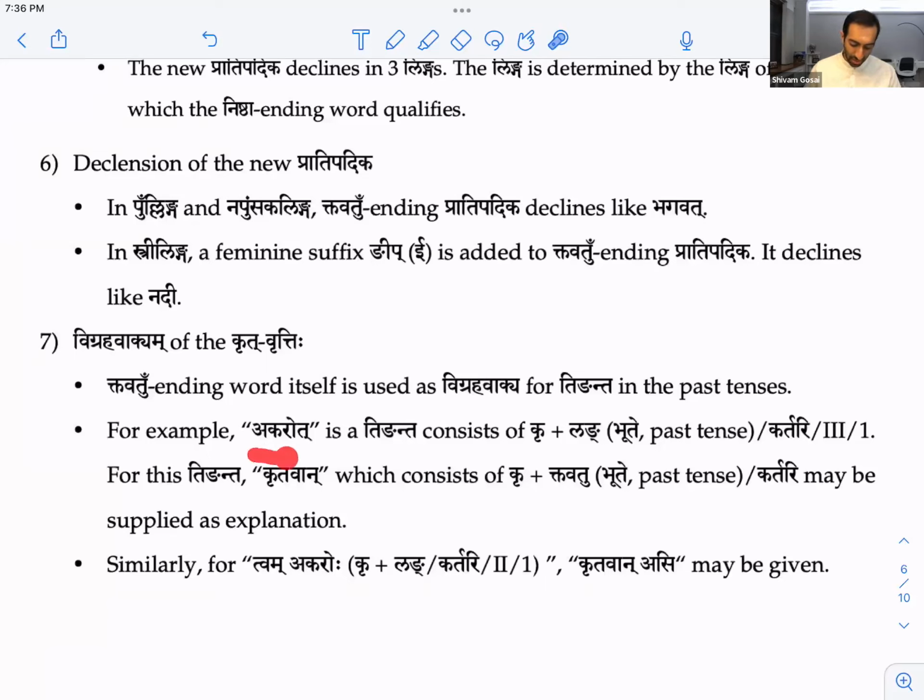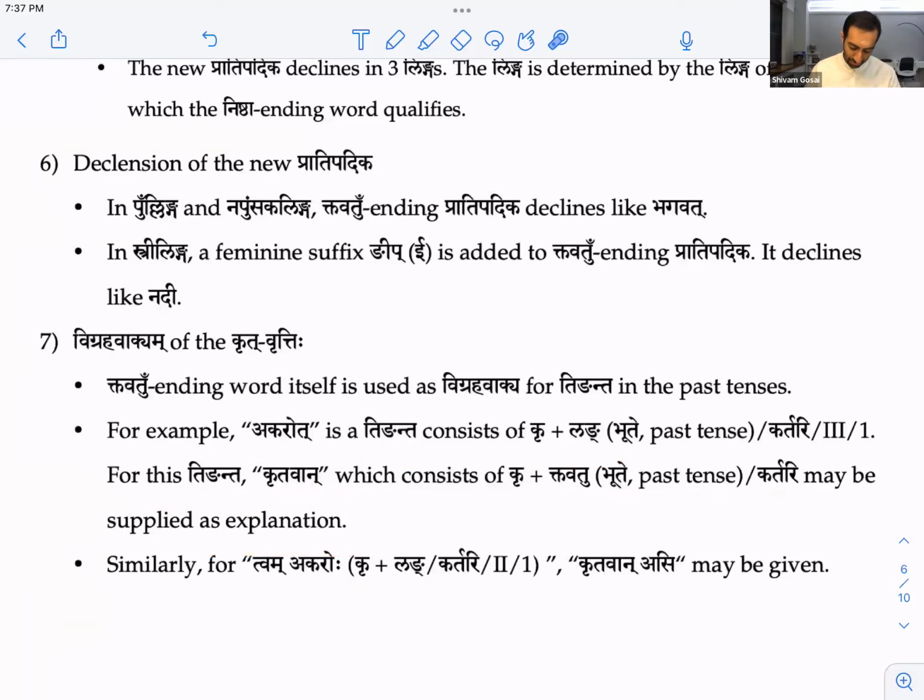For example, Akarot is a verb, a Tinganta, consisting of Kri plus Lang. For this Tinganta, we might use the word Kritavan, which is a Tavatu ending word, Kri plus Tavatu, also bhute, past tense, kartari. They can be supplied as explanation.